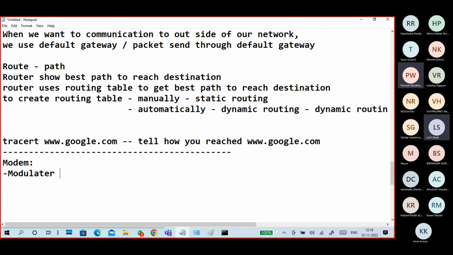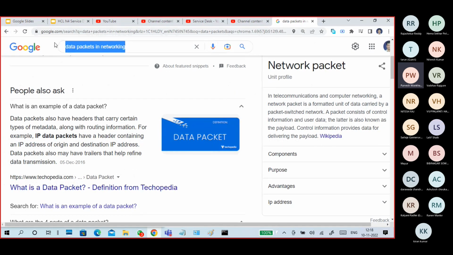Modulator and demodulator. What does it modulate, guys? Modulate means, in general, in our internal network all are digital weak signals. Our signals are binary signals, pulse signals.